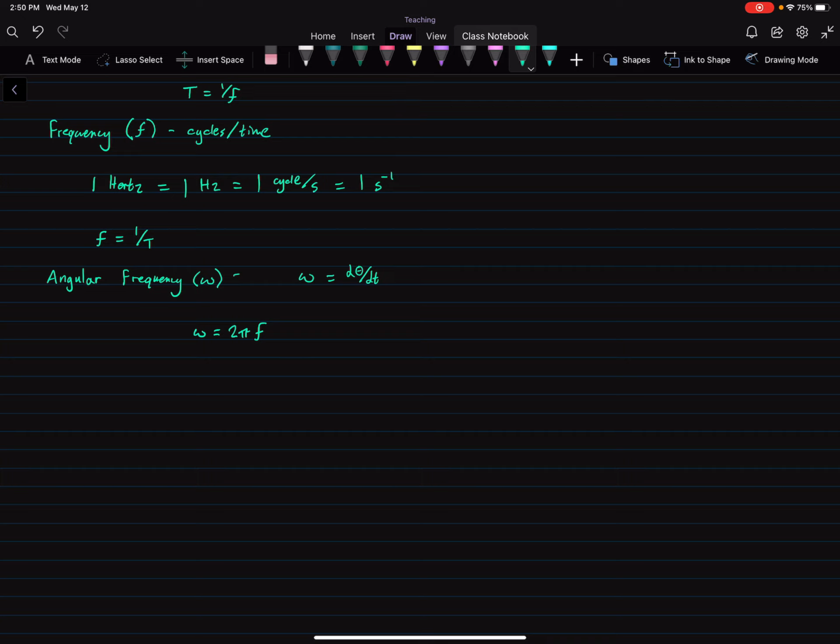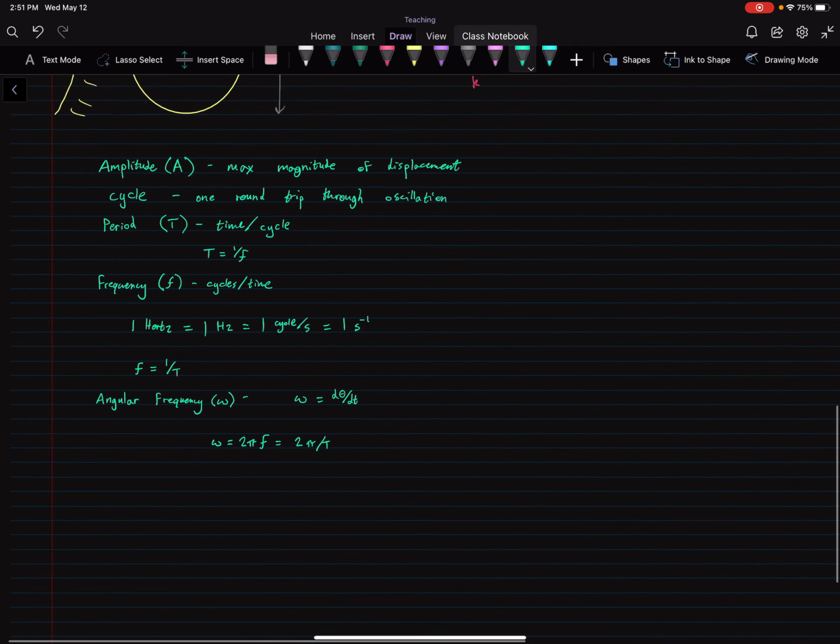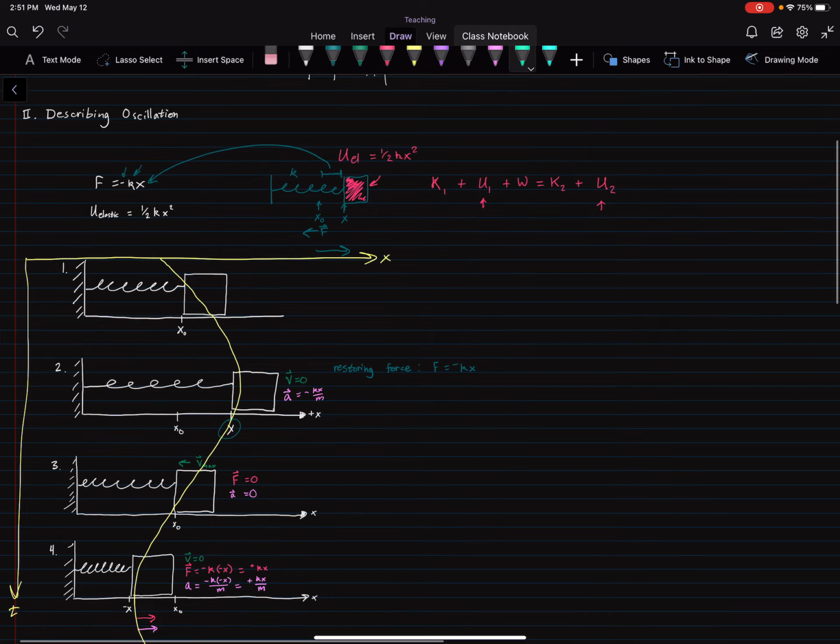So it just changes frequency into an angular version of it. So angular frequency kind of makes sense. Or, since the inverse of frequency is period, we can say that angular frequency is equal to 2 pi over T. All right, so next we'll talk about simple harmonic motion.